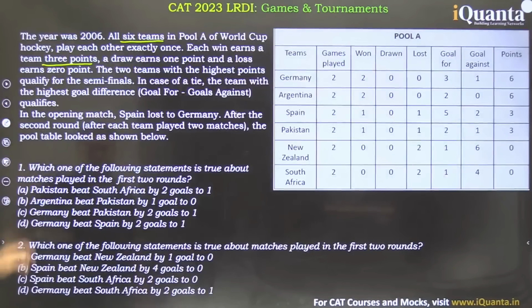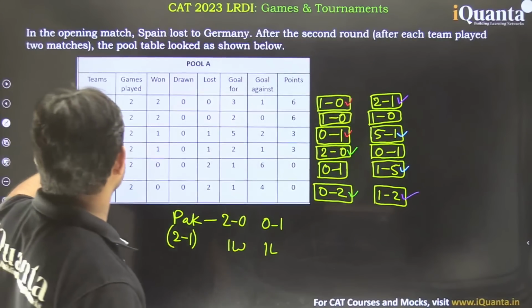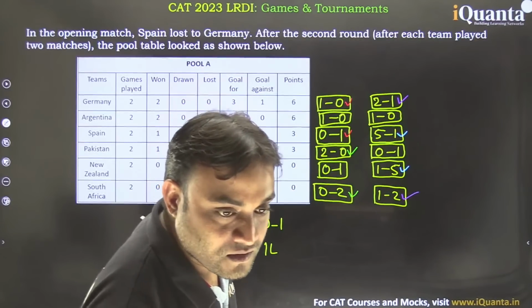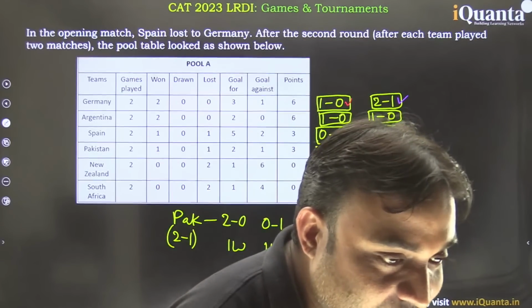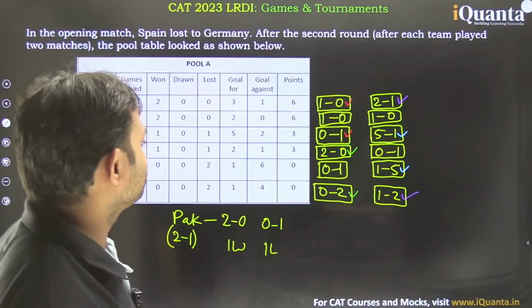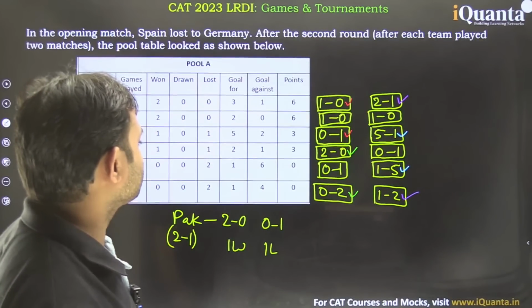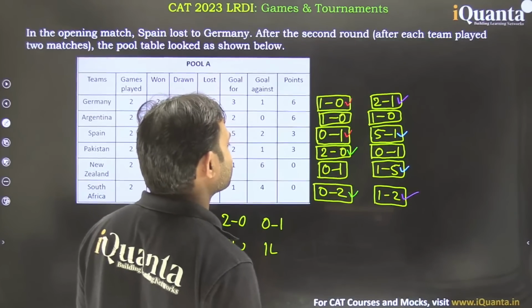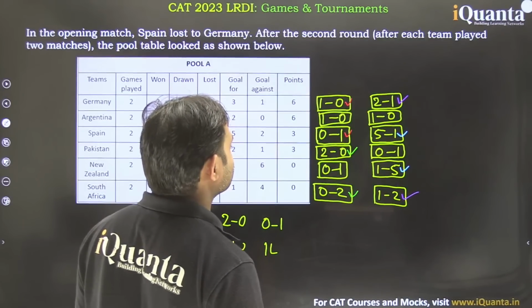What does it say? One second. Which of the following statements is true about the matches played in the first two rounds? Pakistan beat South Africa by 2-1 goals. That was not true. Argentina beat Pakistan by 1-0. Now this could be true. How is that possible, that Pakistan 0-1?